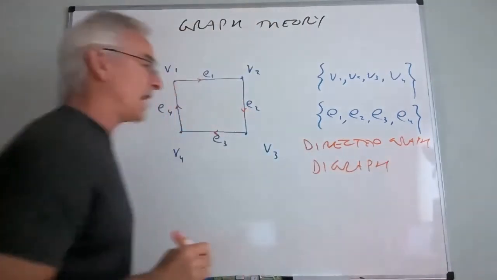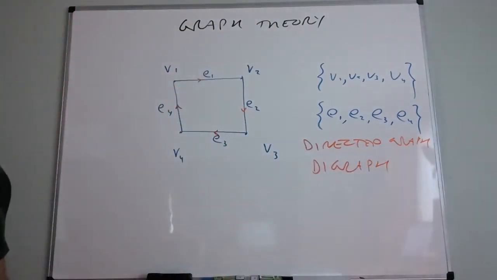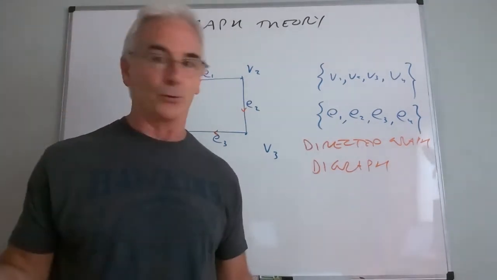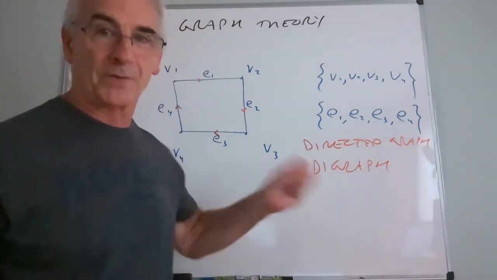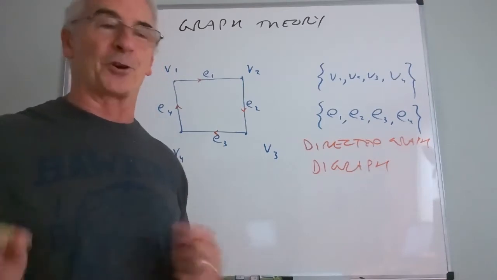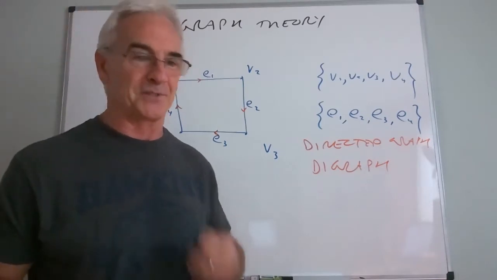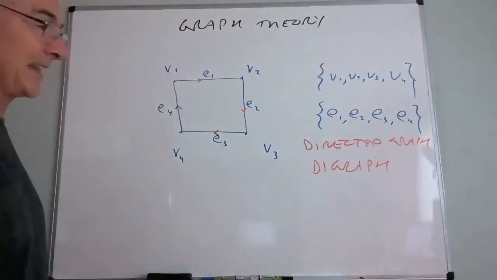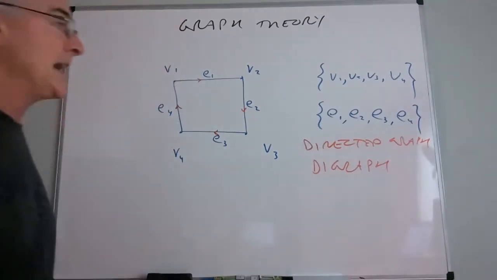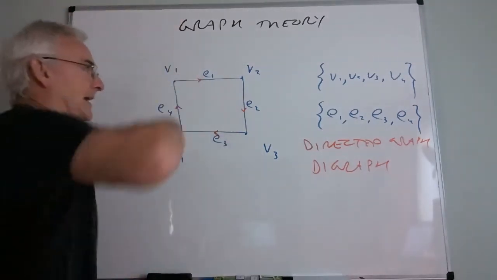People see the word digraph and they're not sure exactly what that means, because di is Latin for two. This di is just short for directed. I don't like the term digraph because it's kind of ambiguous. It makes it sound like I have two graphs. A directed graph is one where I basically have arrows.